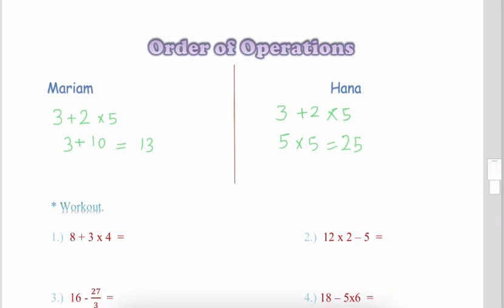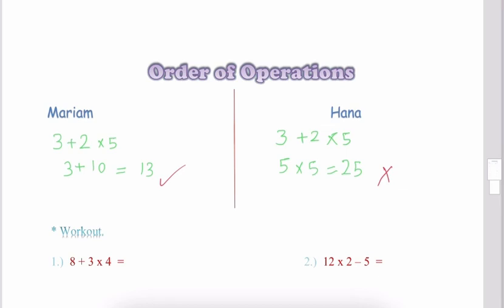Now, each of the two girls followed a different order of operations, but of course, only one of them is correct. Actually, Mariam's order is correct, while Hannah's order is completely wrong.